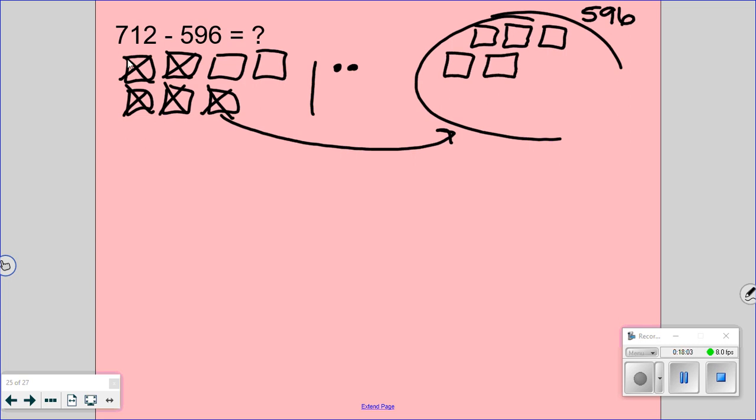That's where they went. It's a black hole. They were in 712, and we took them to build the number 596. So far, so good, yes?